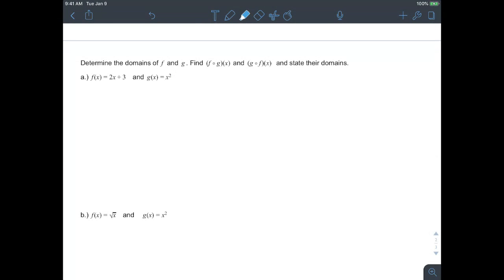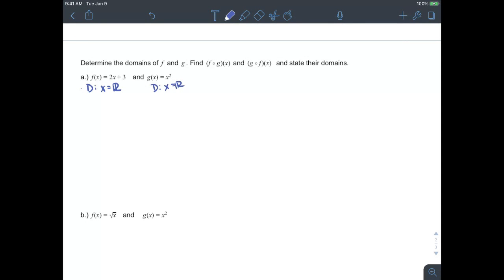So first off, we're going to determine the domains, and then we are going to do f of g of x, and then g of f of x. So the domain for f of x is linear, so x is equal to all real numbers, and the domain for g of x is equal to all real numbers. So I'm not going to have a problem here with my domain when I put one function into the other.